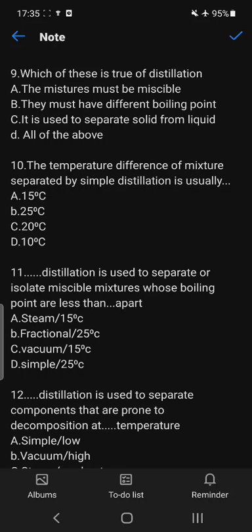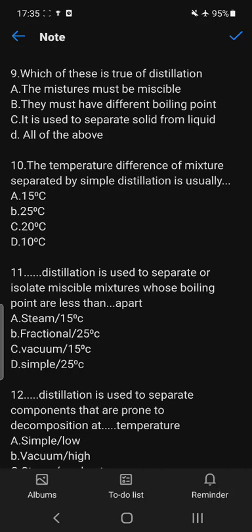Number 11, dash distillation is used to separate or isolate miscible mixtures whose boiling points are less than dash apart. The answer is B. Fractional distillation is used to separate or isolate miscible mixtures whose boiling points are less than 25 degrees Celsius apart. In other words, it is used to separate mixtures whose boiling points are very similar, or mixtures that have close boiling points.